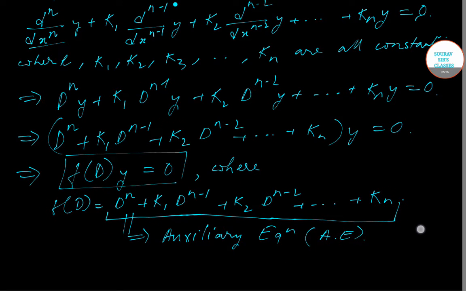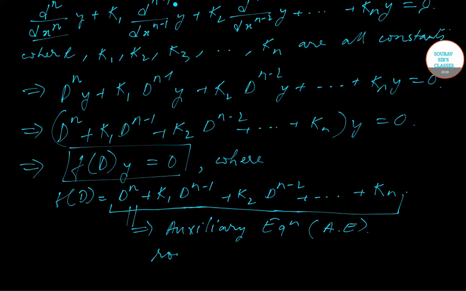Now if roots of this auxiliary equation are m1, m2, m3 up till mn, then there are various cases for which, using these roots, we can find out the complementary function.